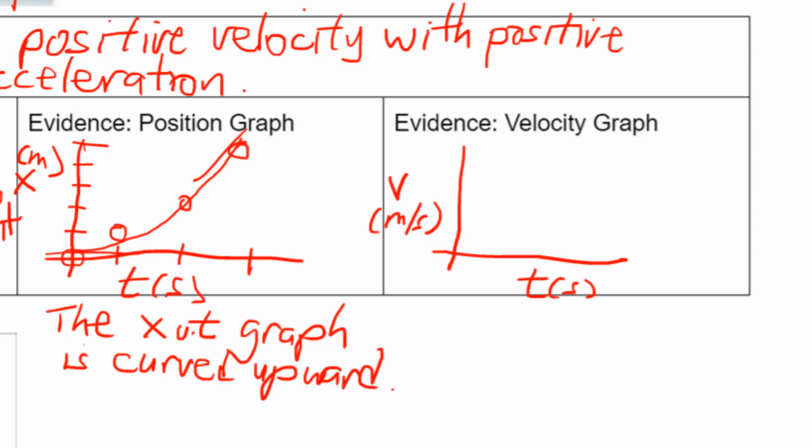As the arrows are getting longer, we start at some initial velocity at a time of 0, and that increases after some time, getting longer and longer. We see that our velocity is always positive and increasing. So the runner has a positive velocity, that's on the positive side of 0, and it is increasing, which we call positive acceleration.